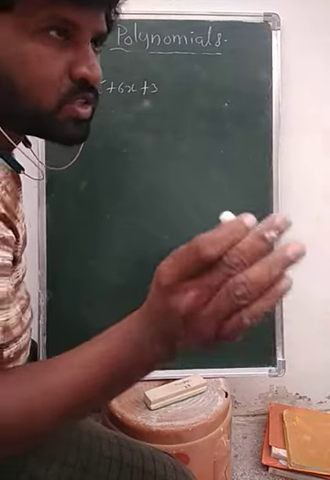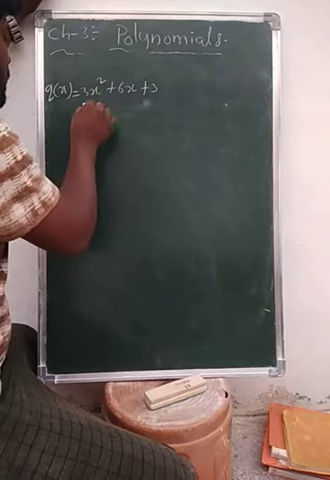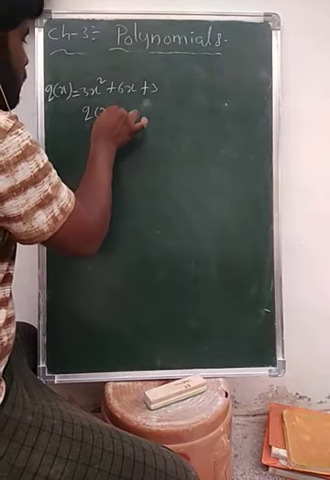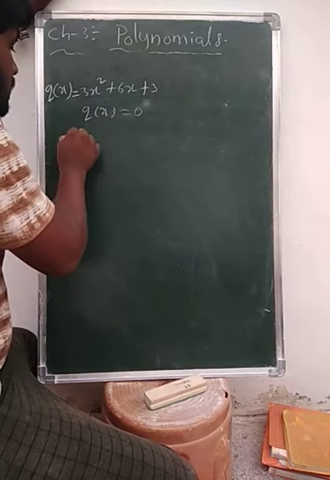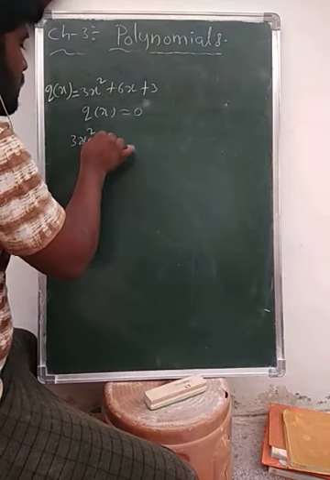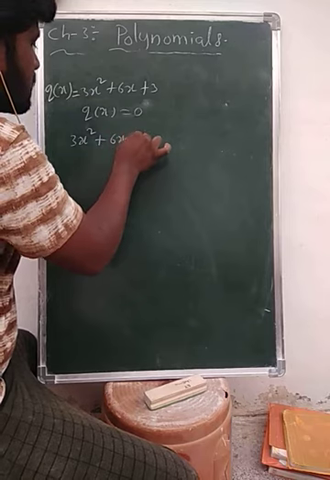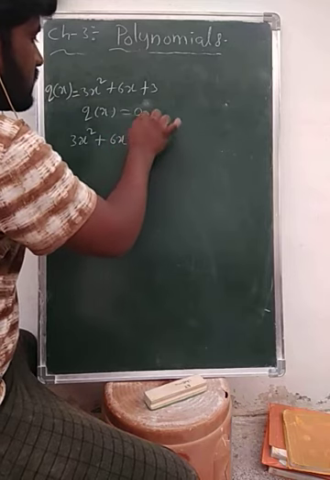I want the zeros of this polynomial. That's why I am taking q of x equal to 0. Then q of x means 3x square plus 6x plus 3 is equal to 0.